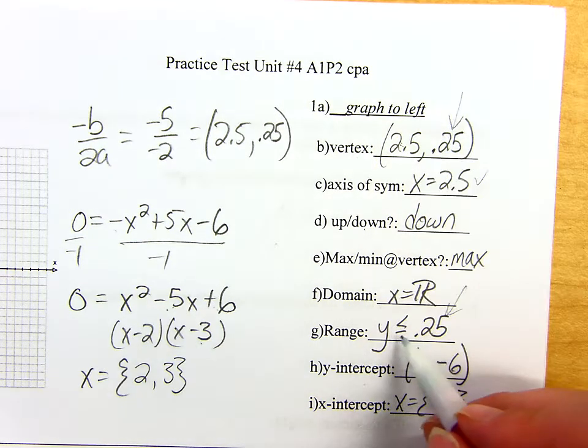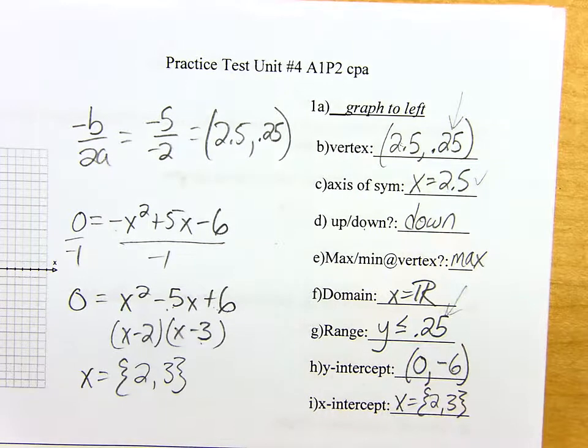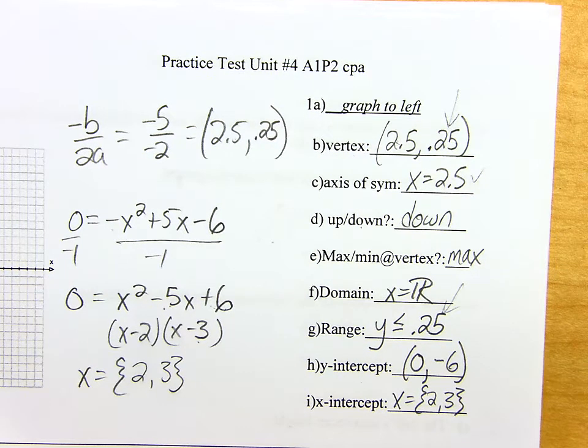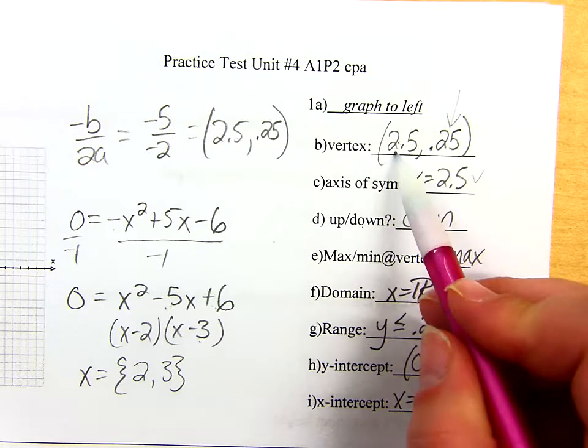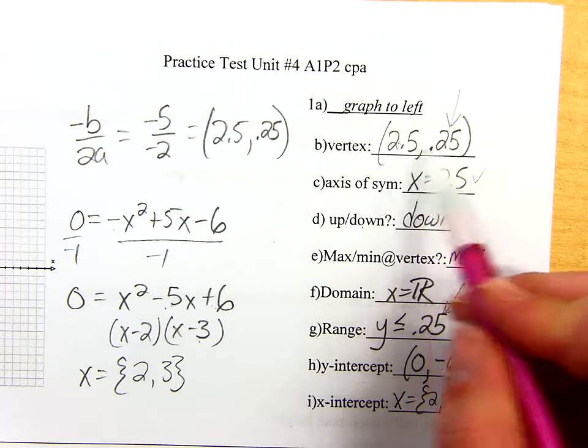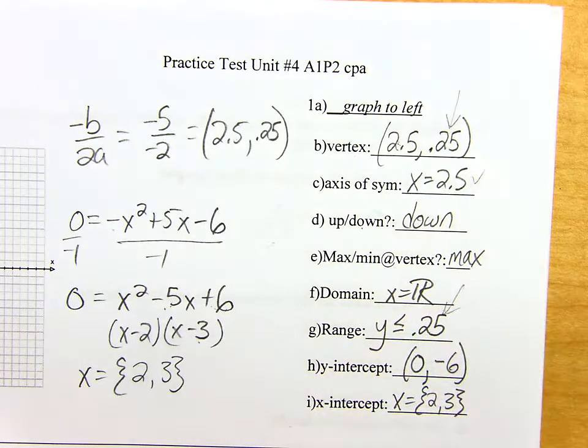So it'll also give you the range. You'll just have to look at your graph. That's 2.5, and that's 0.25. They could be completely different, yeah.